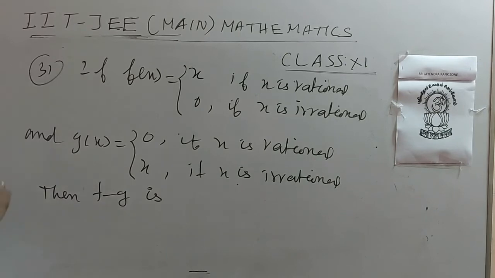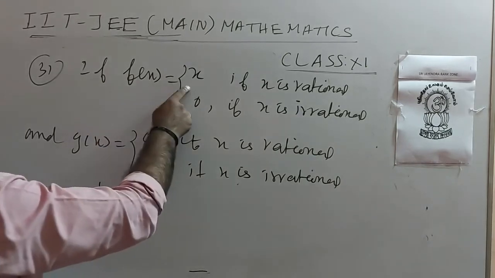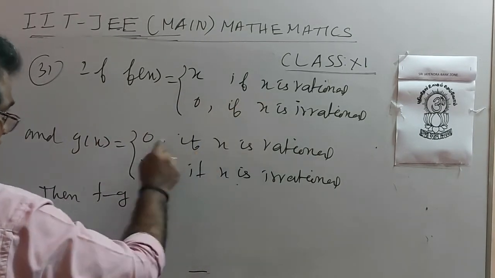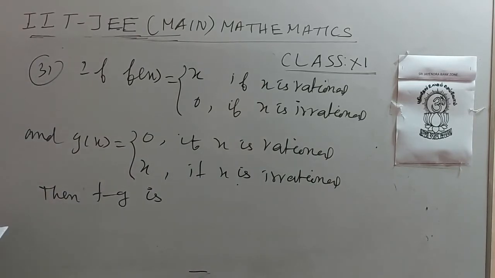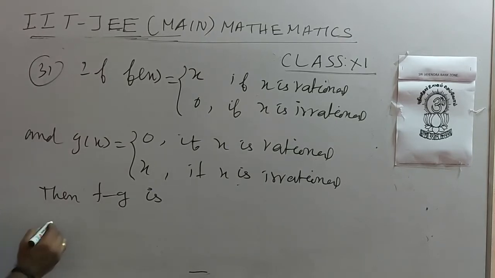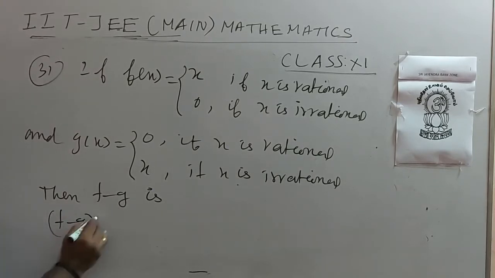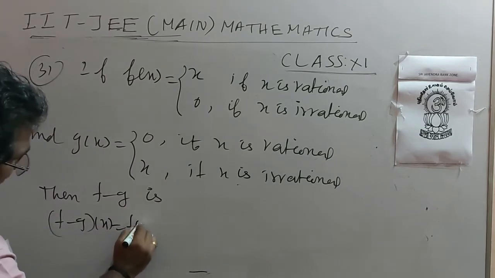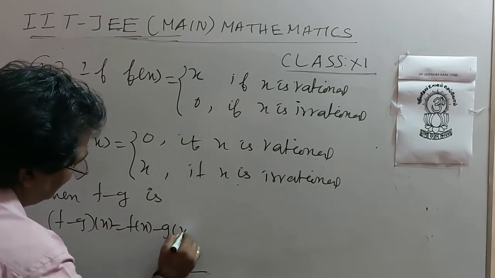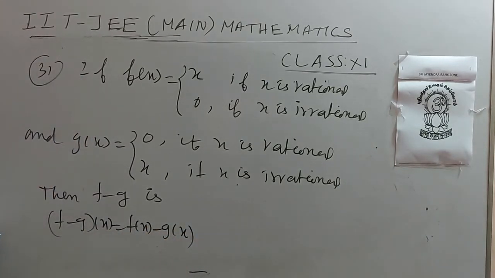So f of x is equal to x when it is rational, 0 when it is irrational. So f minus g of x equal to f of x minus g of x.